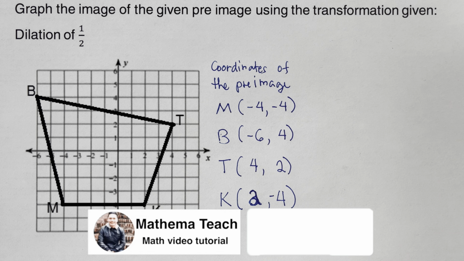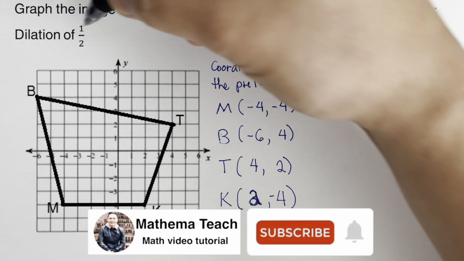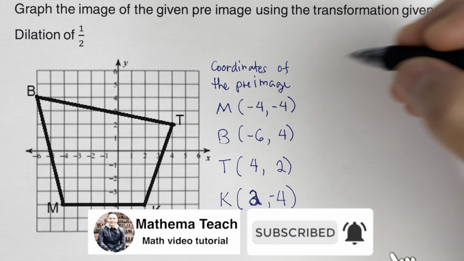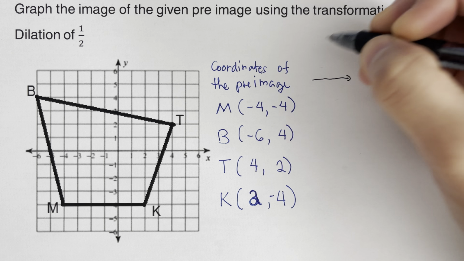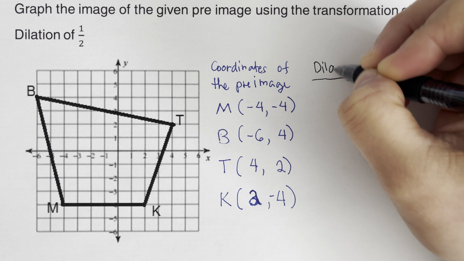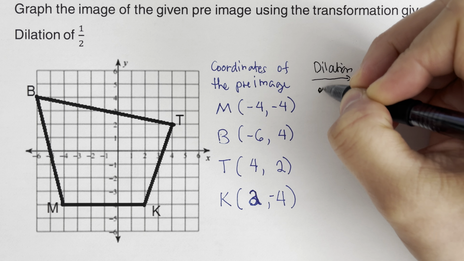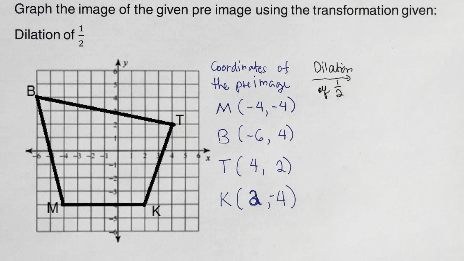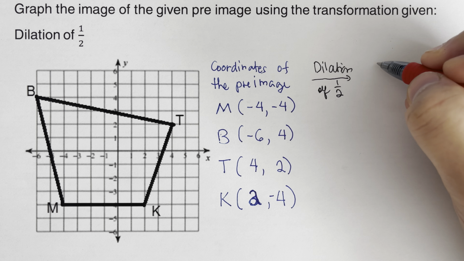Okay, so we are supposed to dilate this into half, or dilation of 1/2. So I'm just gonna write that on the side right here. So that's dilation of 1/2. So then we go ahead and determine the coordinates of the image.